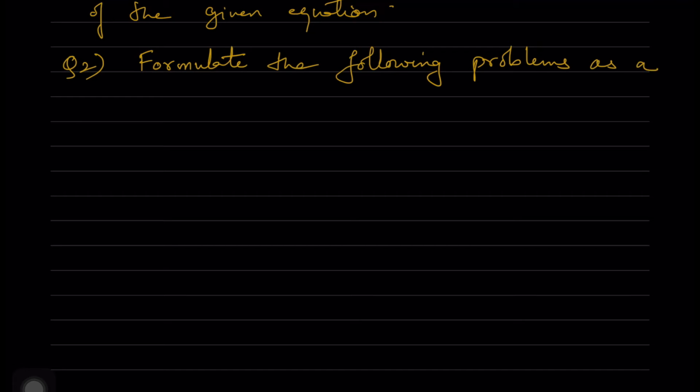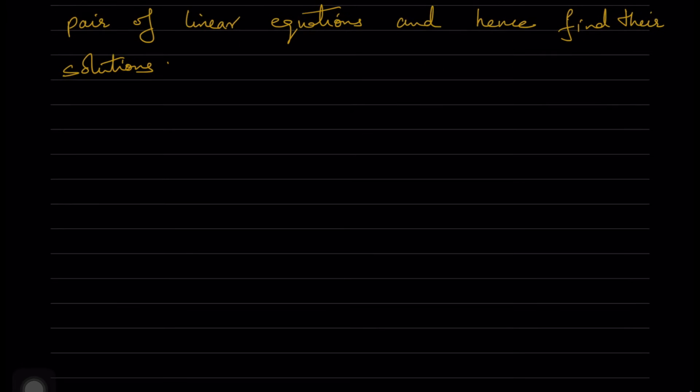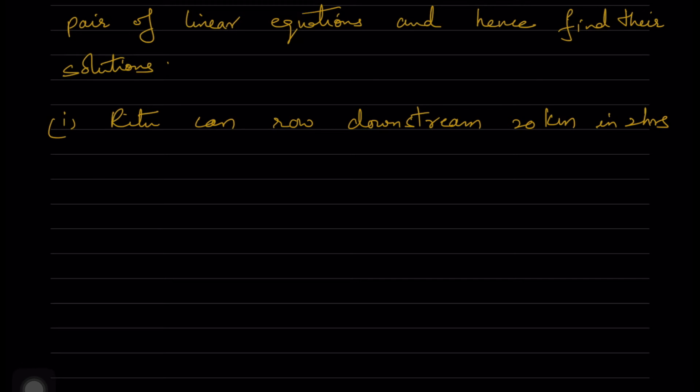Question 2. Formulate the following problems in a pair of linear equations and hence find their solutions. So the first problem is, here you are having Ritu can row downstream 20 kilometers in 2 hours and upstream 4 kilometers in 2 hours.